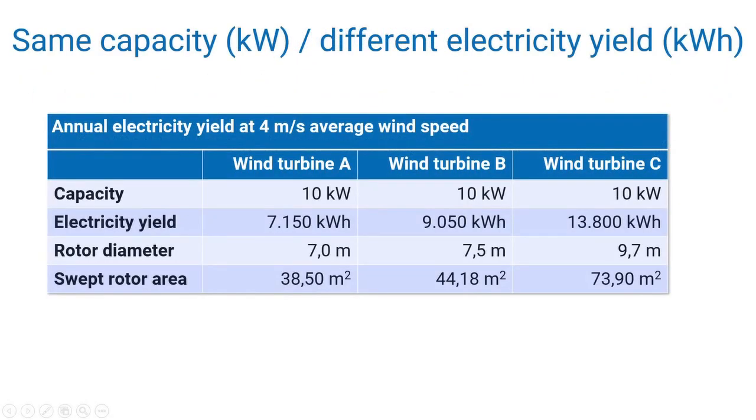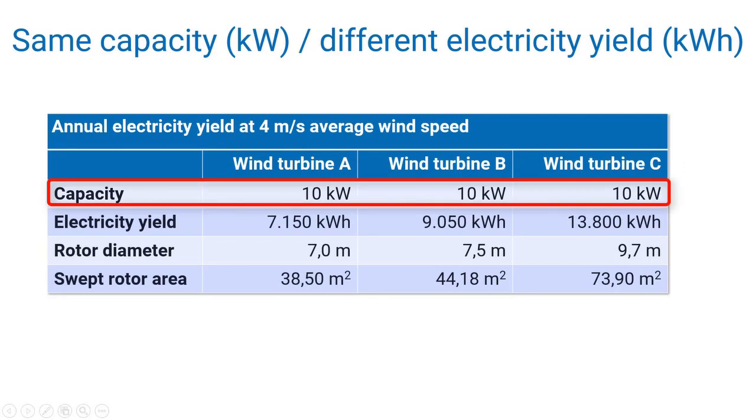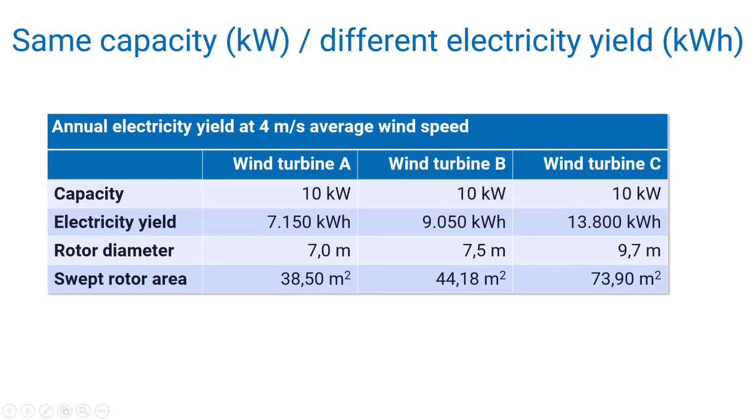So please have a look at this table here. It shows 3 wind turbines, wind turbine A, B and C, and they all have the same capacity. But the yearly electricity yield is very different. And as you can read here, that's the annual electricity yield at 4 meters per second average wind speed.